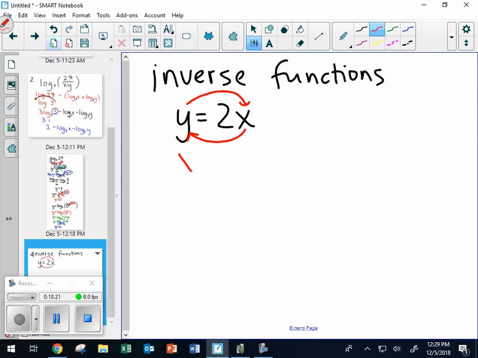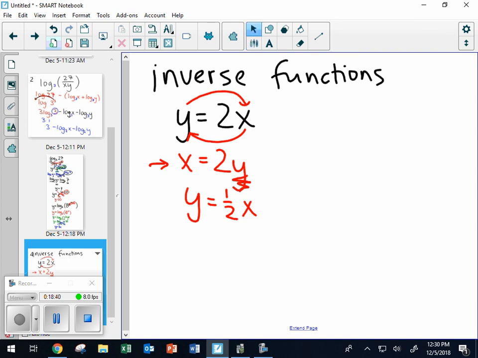But in general, if we just rewrite this by switching the x and the y, then we solve this for y, we will end up with the reciprocal of our slope. And so for something like this, you could just find the reciprocal of the slope. But we're going to start thinking about this in terms of exponentials and logarithms.